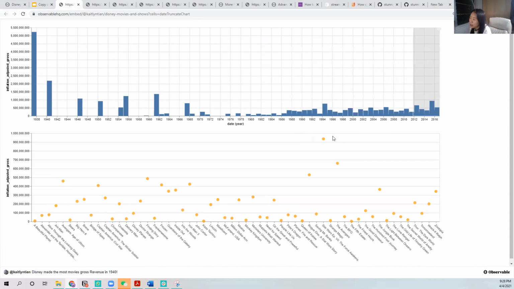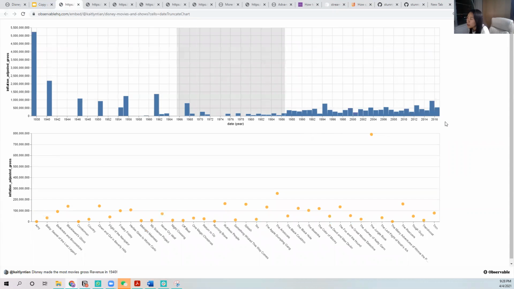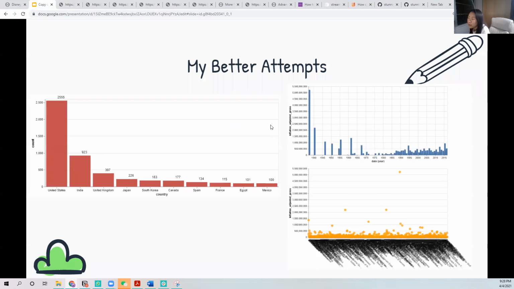And over here, you can see this is probably Star Wars, I'm guessing. Yes, so that would be very clear, and users can just play around with it. I think that's more interactive. So definitely my more successful attempt, but probably not the best way to represent this, to be honest, still.